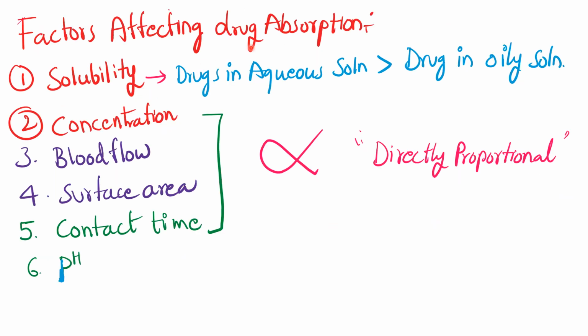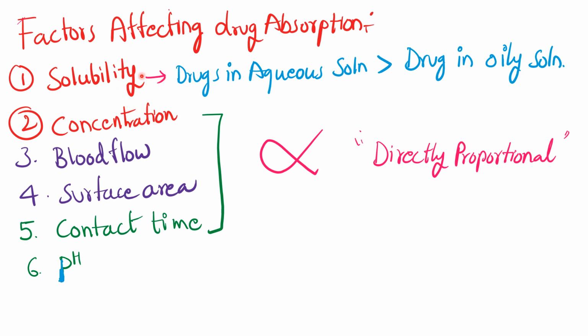So what are the factors affecting drug absorption? We can see solubility, concentration, blood flow, surface area, contact time, pH. These are the factors that affect drug absorption. First we will see solubility. Solubility refers to the ability of a drug to dissolve in a solvent such as water or gastric fluids.